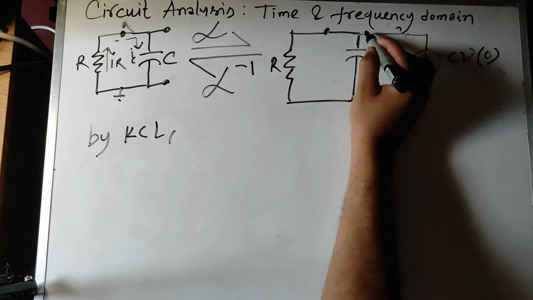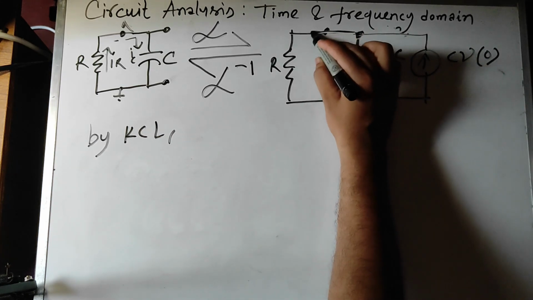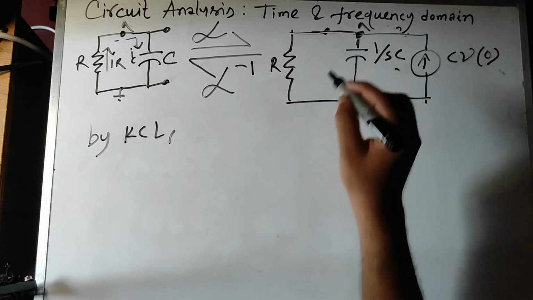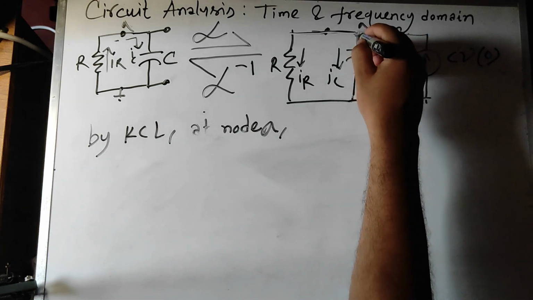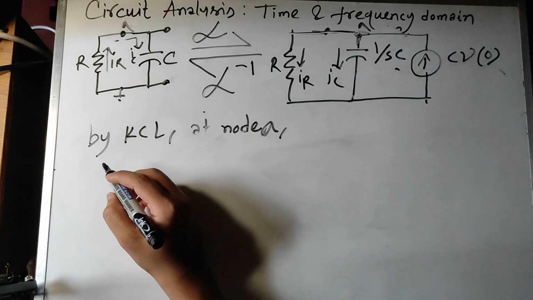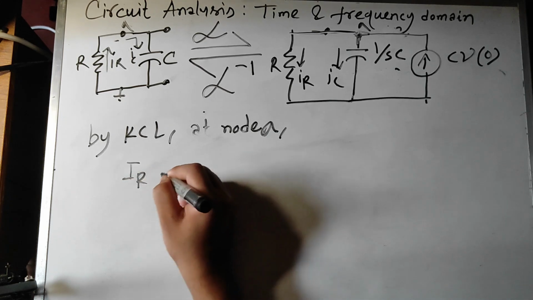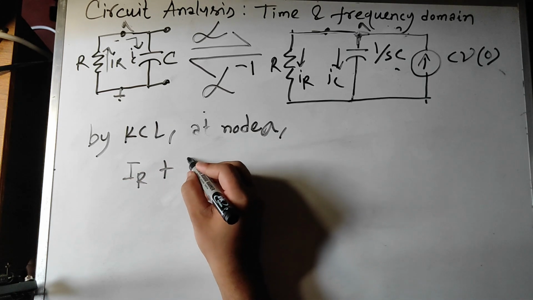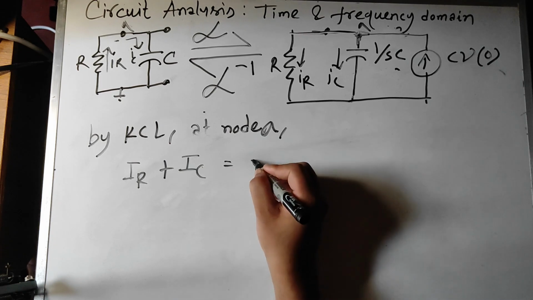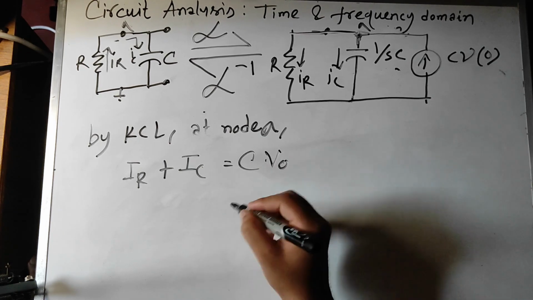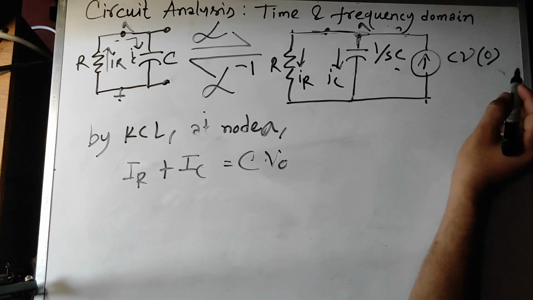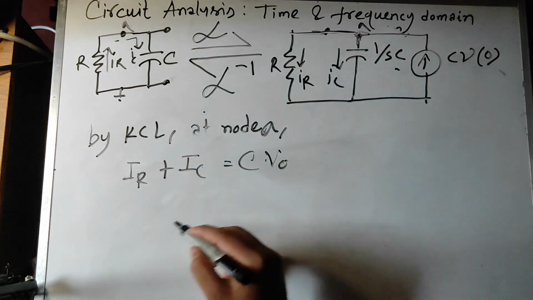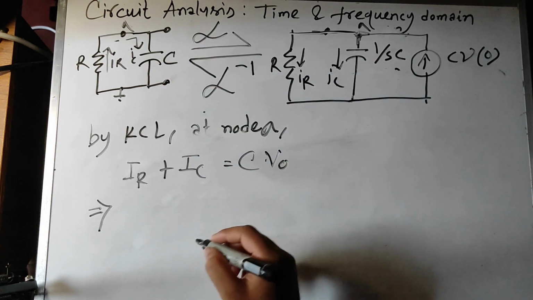By KCL at this node, node A, here we get IR plus IC equals C Vo. We know that Vo is equal to the initial voltage.